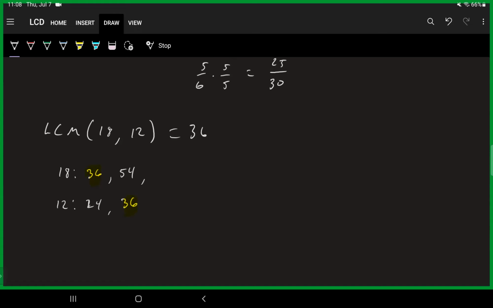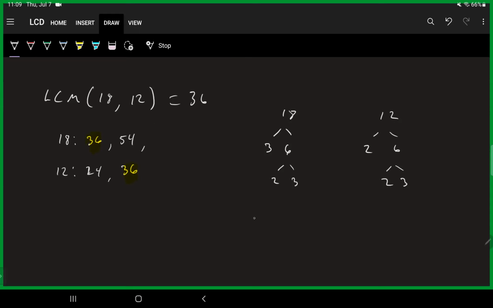And so there's a different way we can look at it. If I have 18, we're going to make this thing called a factor tree. 3 times 6 is 18, and 2 times 3 is 6. If I look at 12, 2 times 6 and 2 times 3. So why am I making factor trees?